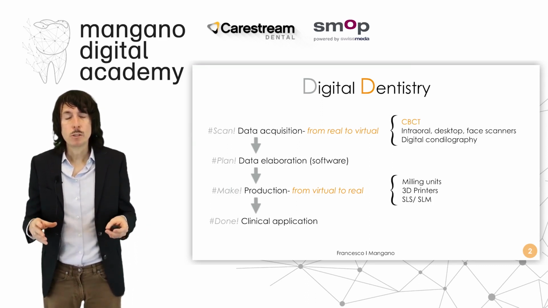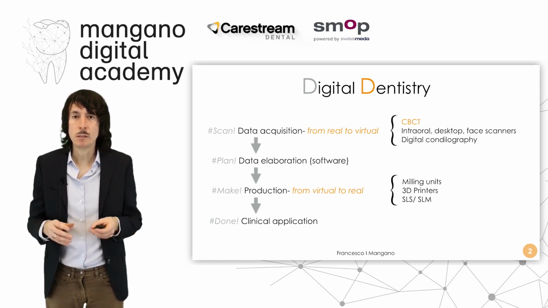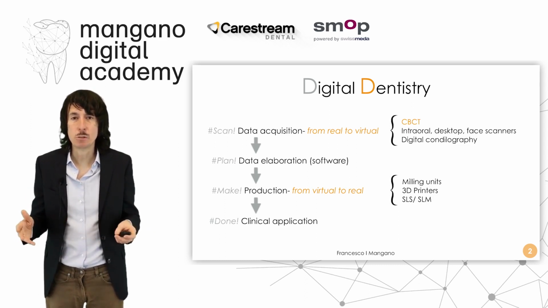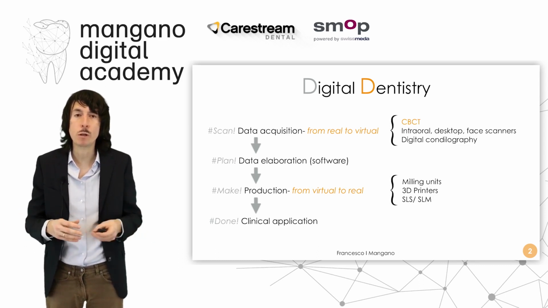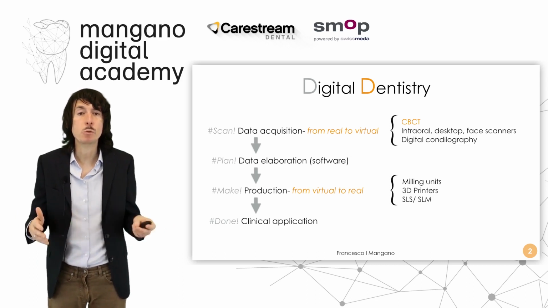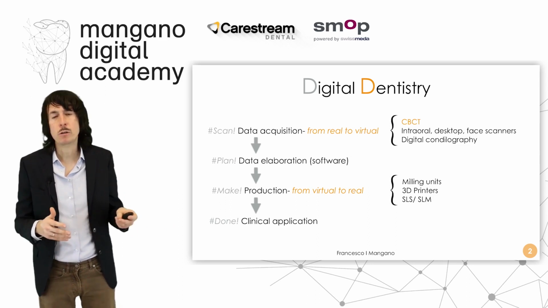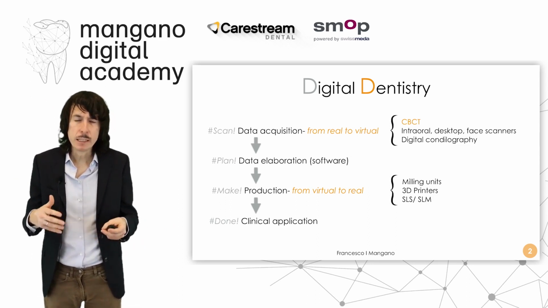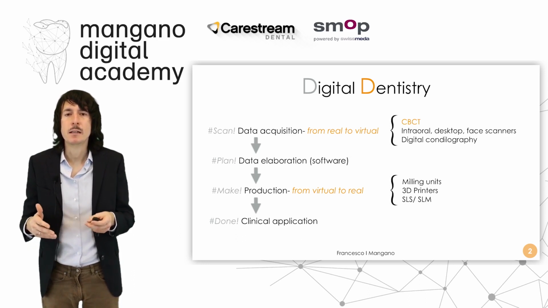As we know, digital dentistry is based on 4 different steps. And the first step is the scan, so the 3D data acquisition. We go from real to virtual, and we have combined computer tomography as one of the most important tools, as well as intraoral scanner, face scanner, digital condylography. Then all this information is re-elaborated in data elaboration software for the plan.